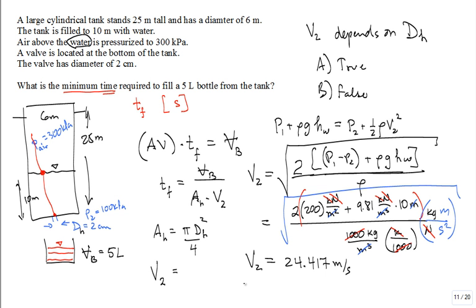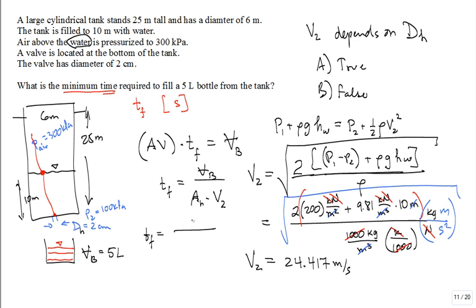How many got 24.4? 1, 2, 3. Anybody else? Another number? You look good? All right. So now, to calculate the final time, the time final is, 24.417. This is a case where it's better to go ahead and calculate the velocity coming out.